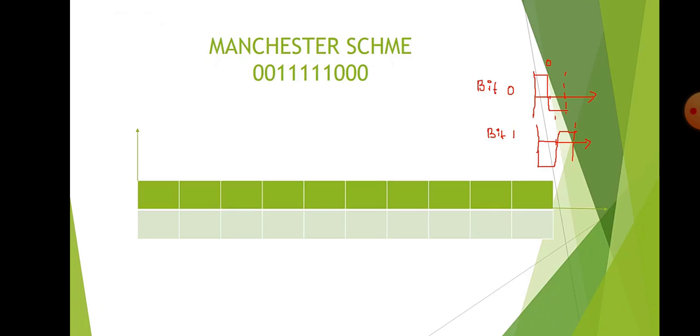So we will solve the given pattern 0 0 1 1 1 1 1 0 0 0. I will take the intermediate points at the center of each bit. The first one is bit 0, the second bit is also bit 0.